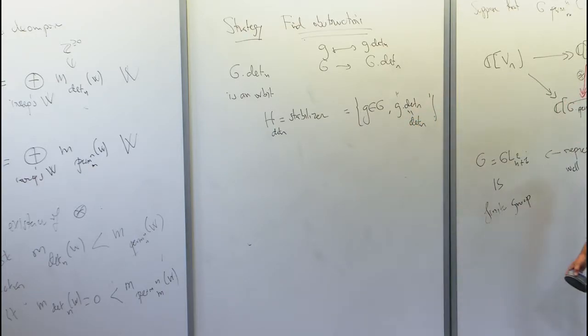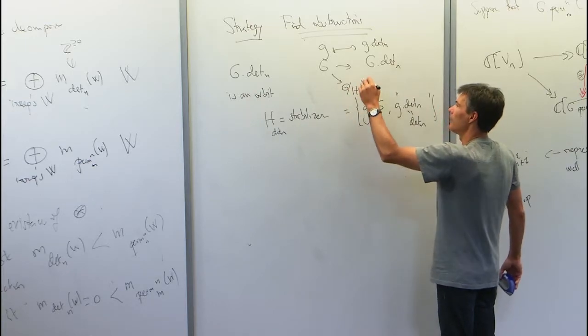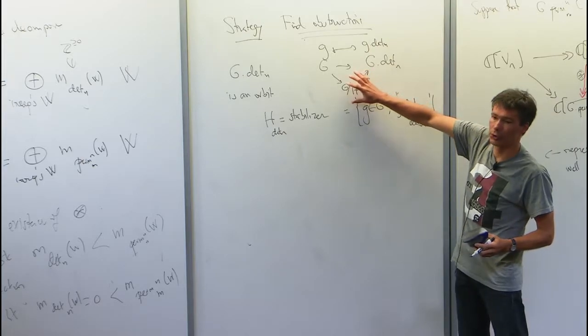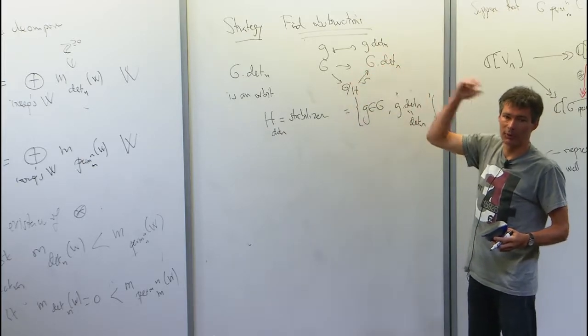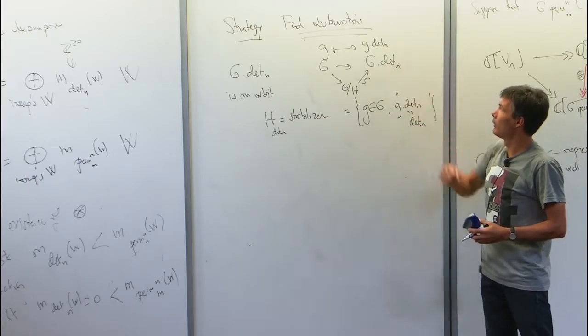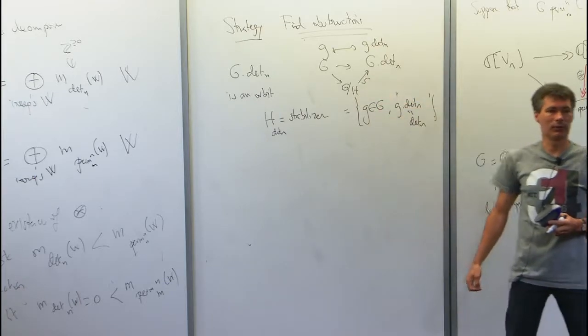It's the group of elements for which nothing happens. You don't change, and then that's the kernel of this morphism. So in fact, you can see this orbit just as a quotient of G by the subgroup H. The effect of applying G to that n is simply to kill this stabilizer subgroup.